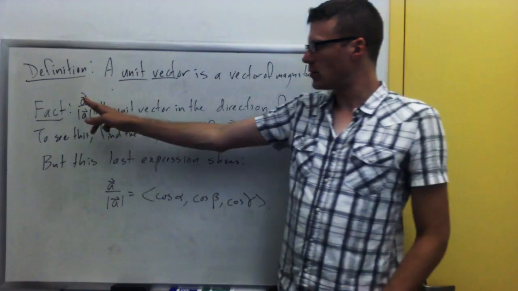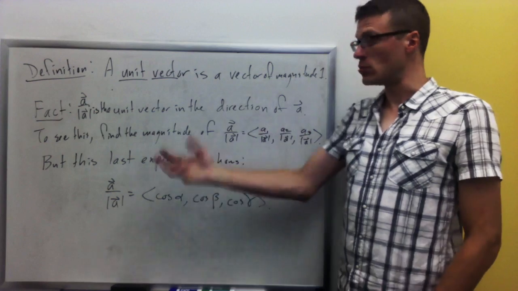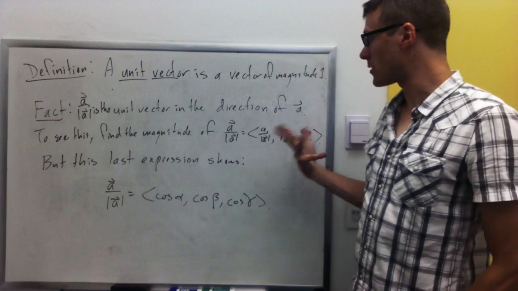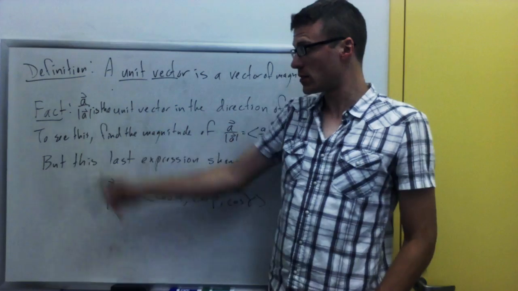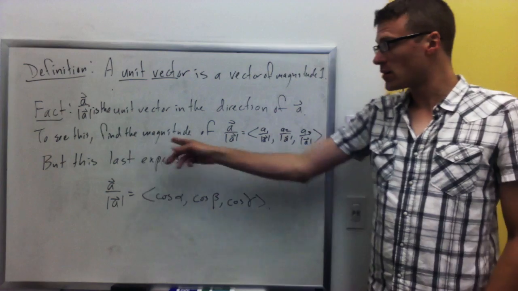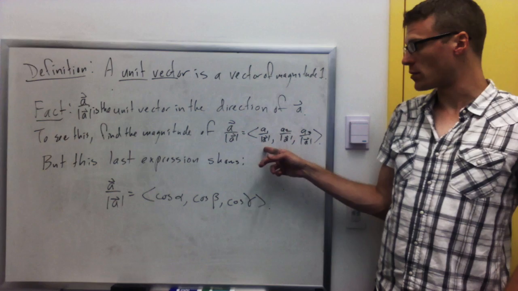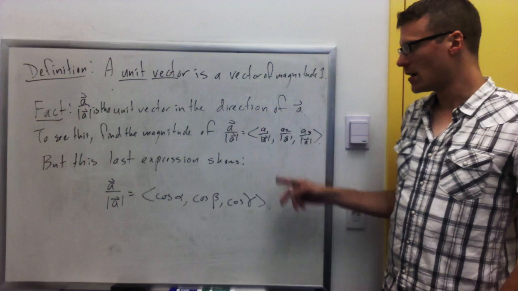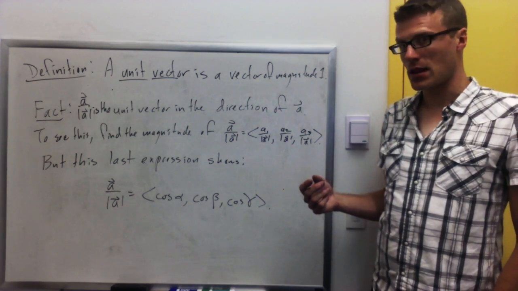In fact, if we take A and divide it by its own magnitude, then we get a unit vector in the direction of A. First of all, that it's in the same direction as A follows from the fact that we're just dividing by a positive scalar. Second, to show that the magnitude is equal to 1, just find the magnitude of this vector, which has components A1 over the magnitude of A, A2 over the magnitude of A, A3 over the magnitude of A. So just square each component, add them up, and see what you get.